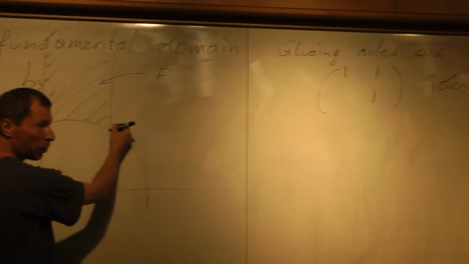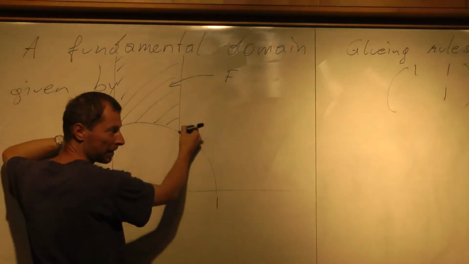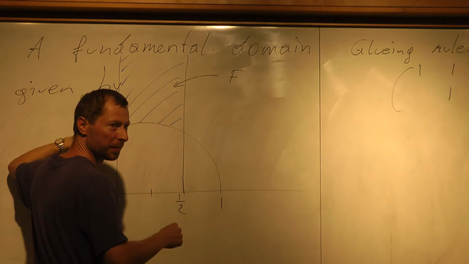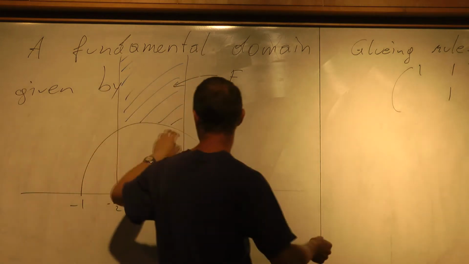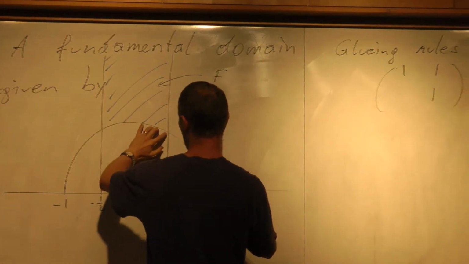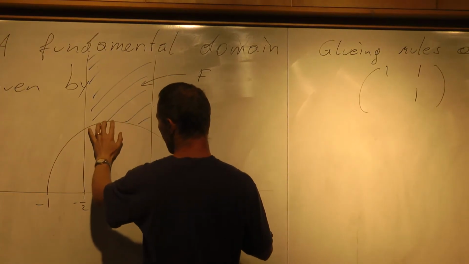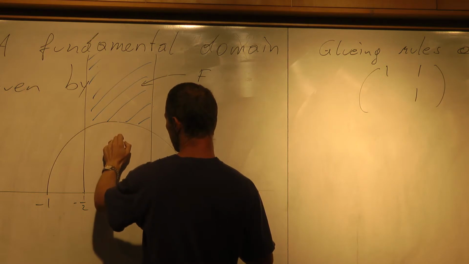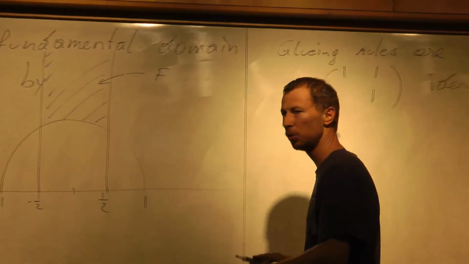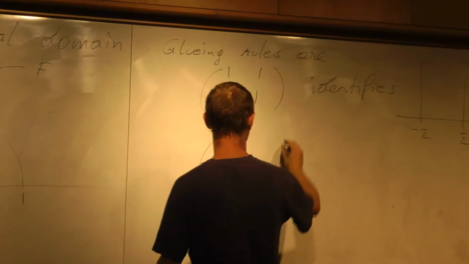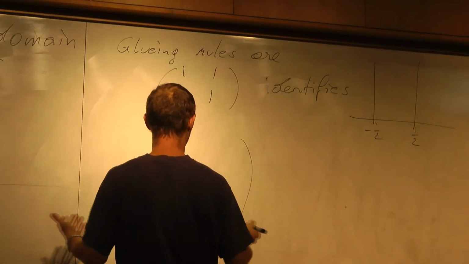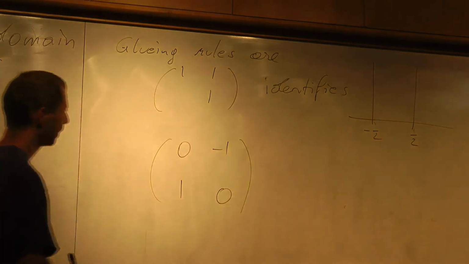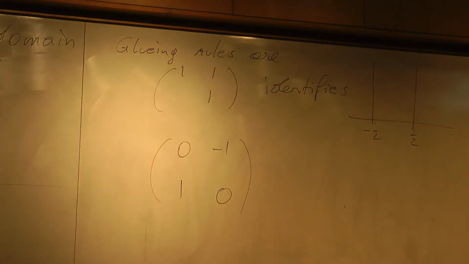So there's one side left to glue. Well, since there's only one side left to glue, it has to be glued to itself. So I have to find a map that maps one half of that line to the other half of that line. So somehow the middle point has to be fixed. So somehow it should be an element of SO2 and integer simultaneously. There aren't many choices. And that would be the right one.